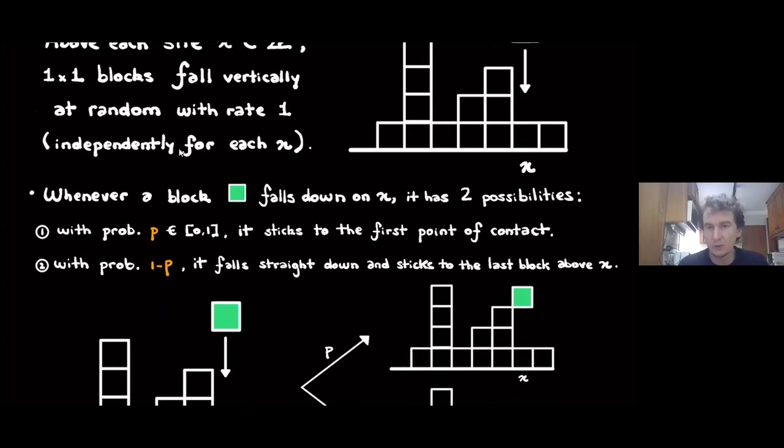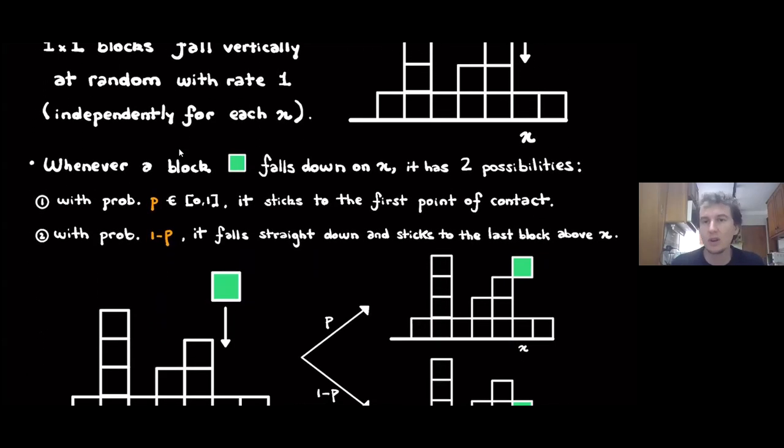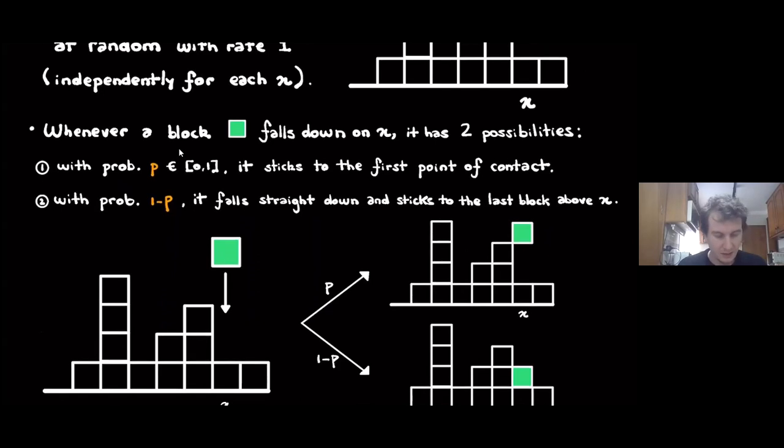And so whenever it falls down, the block is going to flip the coin, and depending on the outcome of the coin, it's going to decide to stick to the growing cluster of blocks in one of two ways, okay? So with probability p, if the coin is heads, it's going to decide to stick to the first point of contact, okay?